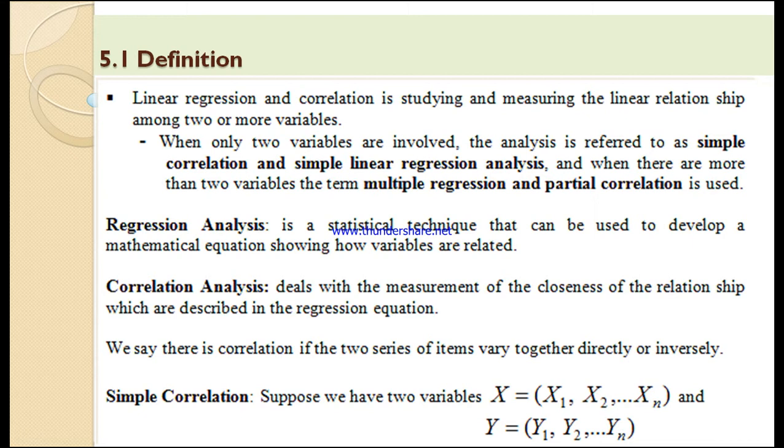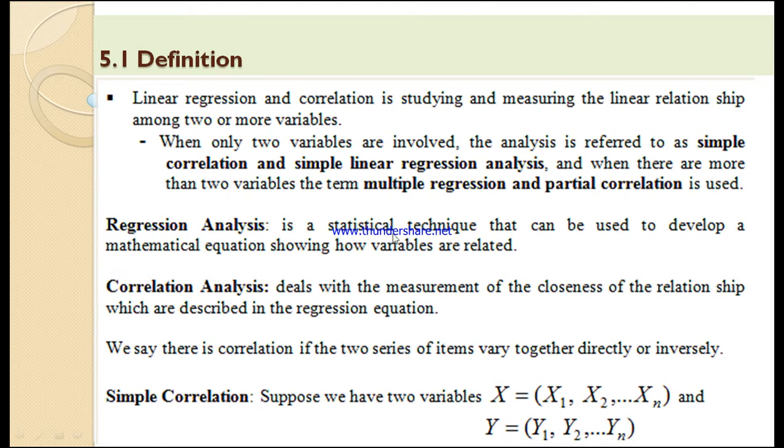On the other hand, when more than two variables are involved, multiple regression and partial correlation are used. Therefore, in simple linear regression analysis and correlation, we study and investigate the relationship between two variables.